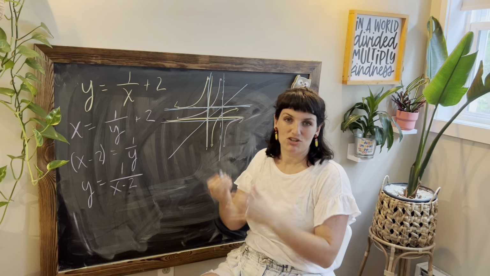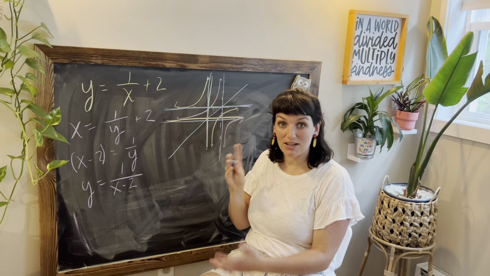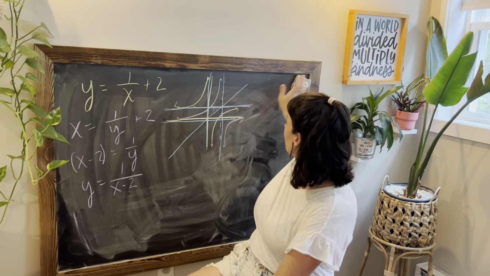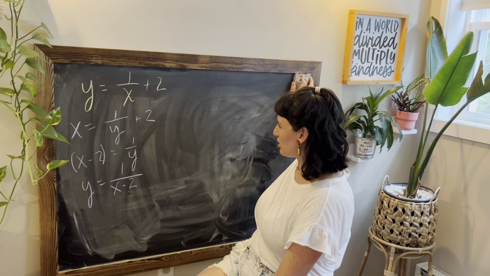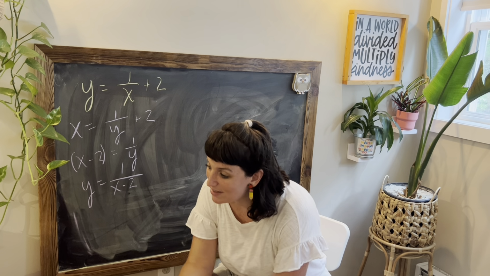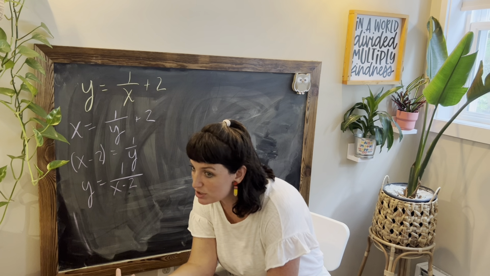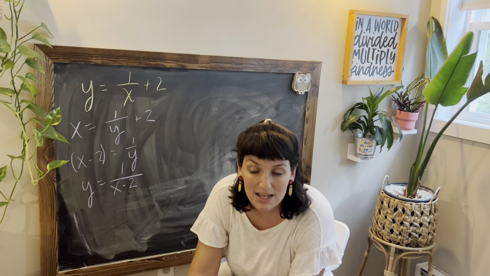Oh, my brain just got all switcheroonies. But that is what we see. For rational functions, we don't see the reflection as clearly in my little hand sketch, but you notice that everything switched. The horizontal asymptote became the vertical asymptote, and the vertical asymptote became the horizontal asymptote.